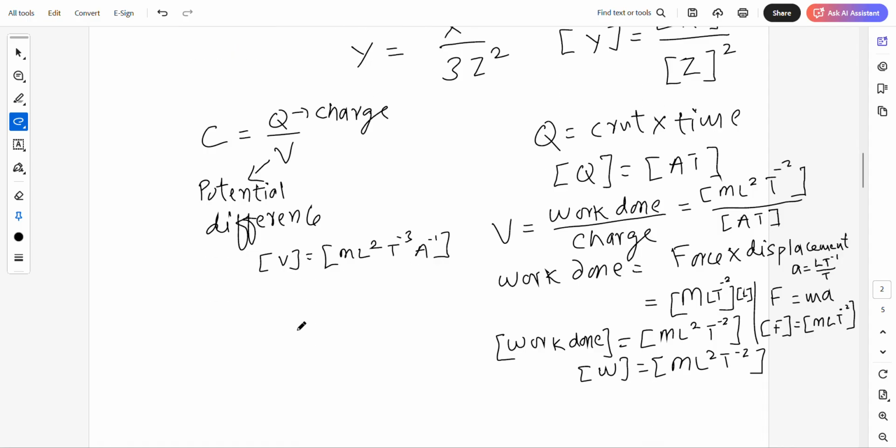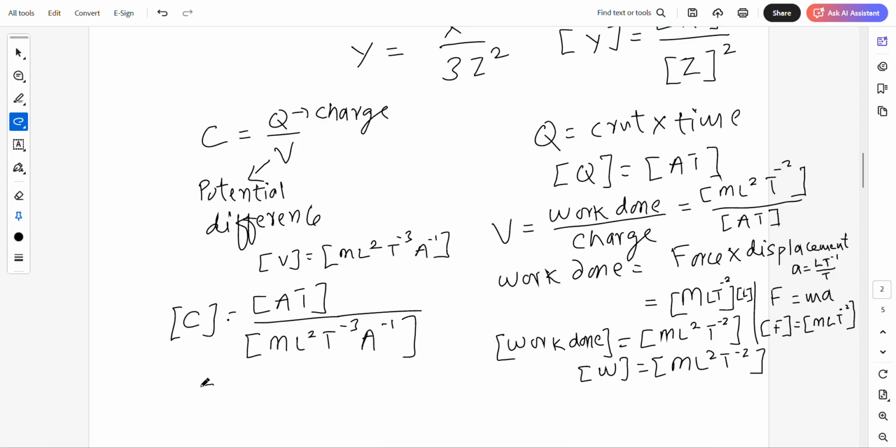Now what is C? Dimensions of C is equal to dimensions of charge, AT, divided by V. Just now we got M L square t to the power of minus 3 A to the power of minus 1. Now you simplify, and better you remember the dimensions of capacitance.